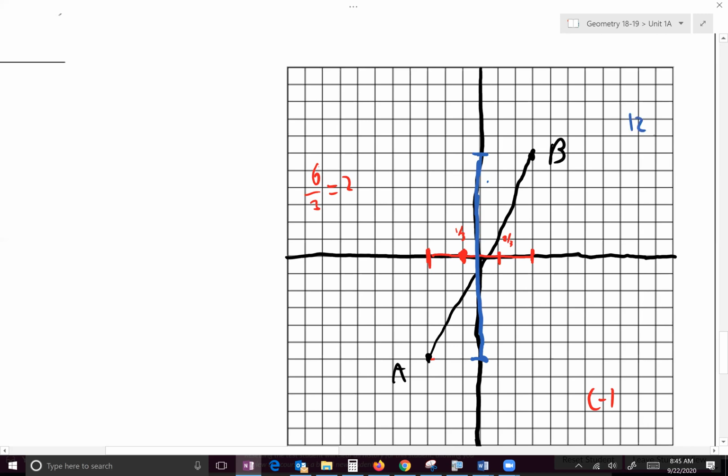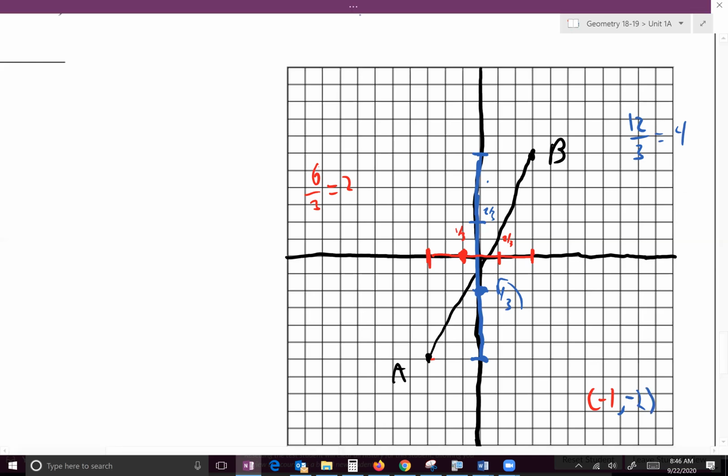And then 12 divided into thirds is 4. So I got to mark out every 4. 1, 2, 3, 4. That's one division. 1, 2, 3, 4. That's another. Starting at the bottom going up, that's 1/3. And that's 2/3. Well, I'm looking for the 1/3. So my y coordinate is at -2.